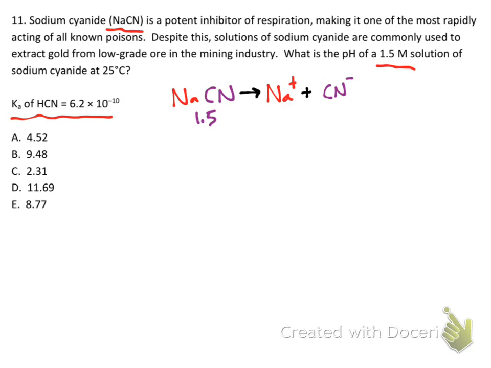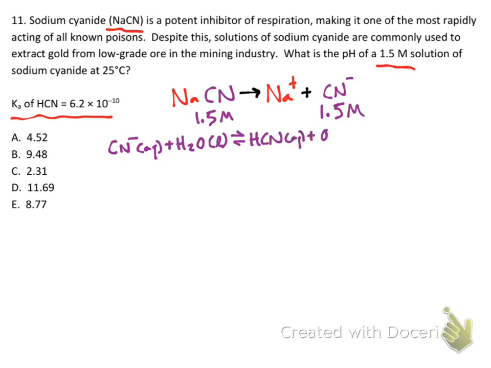And how much of it do we have? Since we're starting with 1.5 molar NaCN, all of it is going to dissociate, so we end up with 1.5 molar CN-. Now we're going to treat it like we treat any weak base in this course. We react it with water. It's an equilibrium process that makes the conjugate acid HCN and leaves behind hydroxide.